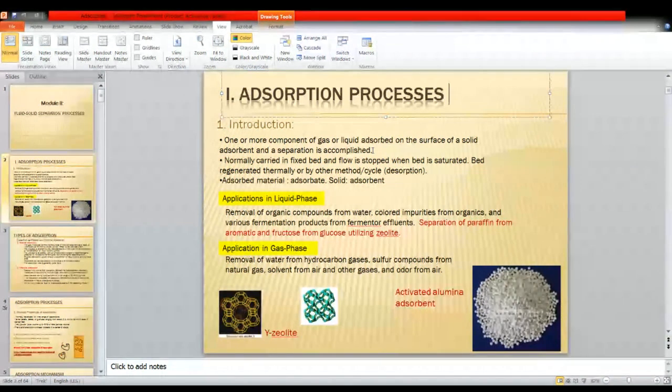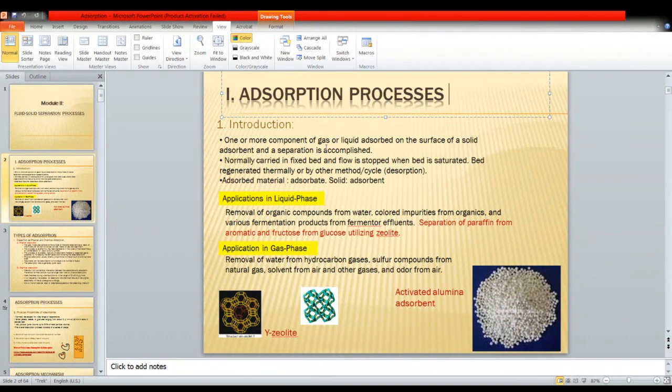So what you are going to do, you adsorb it on the surface of a solid, okay? So how we define adsorption: one or more components of a gas or liquid adsorb on the surface of a solid adsorbent and separation is accomplished. So here our task is to separate phenol from water.